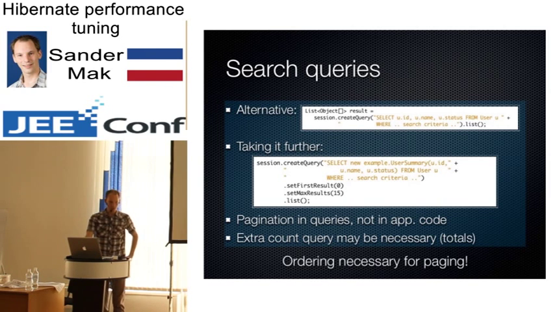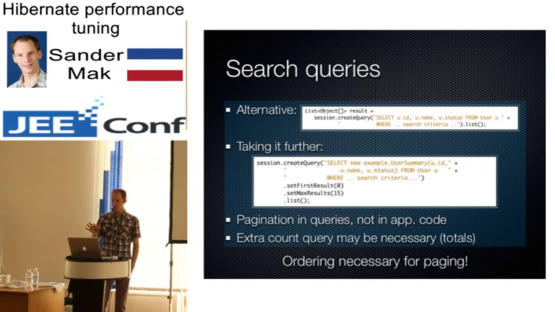Still, we're not satisfied, of course, because we were retrieving all the users that were relevant for this search query, but oftentimes you also have pagination, right, in your screens. So fortunately, there's an API for that as well in both JPA and Hibernate. You can set first result and set max result to only get the first 15 users.